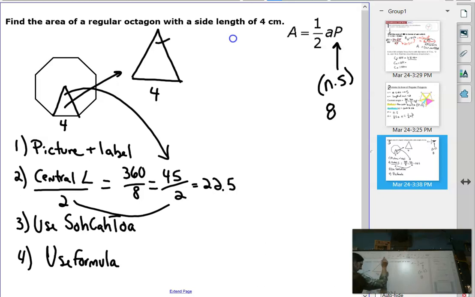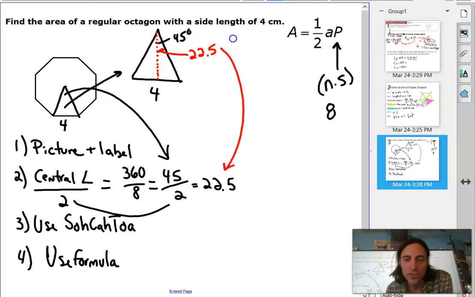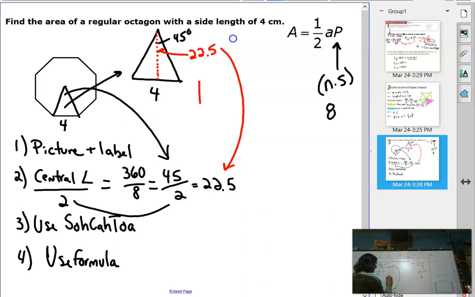This one is 45. And now, when I split it in half, this part of my angle is 22.5, which came right from here. See, now I'm dealing with a triangle, and it's got a right angle in it. So now I've got a triangle that looks like this.